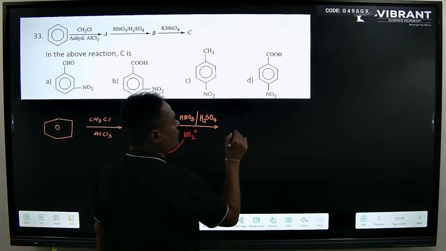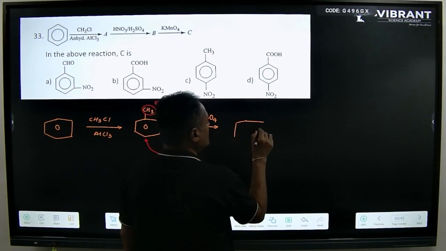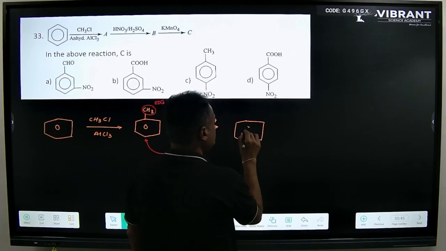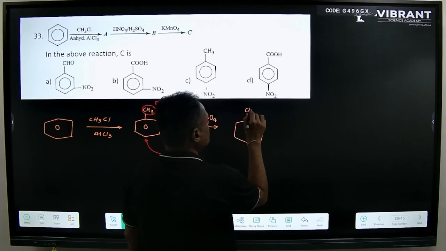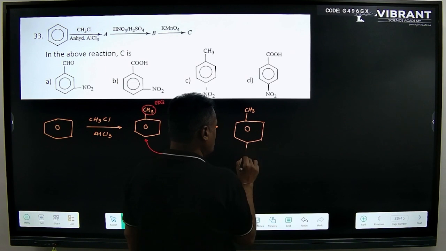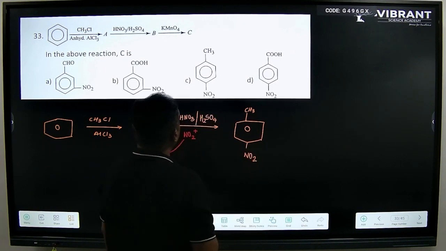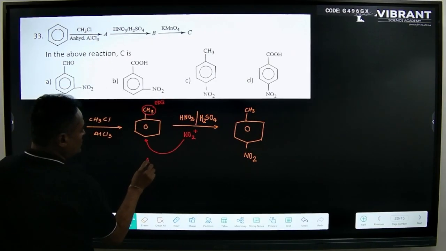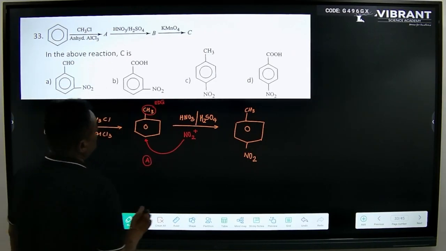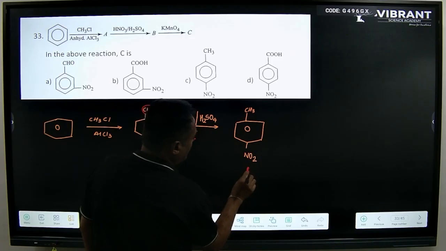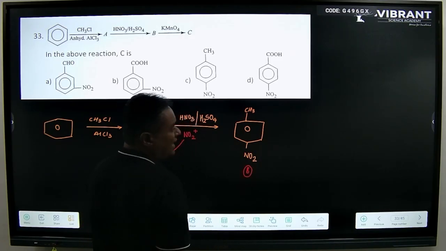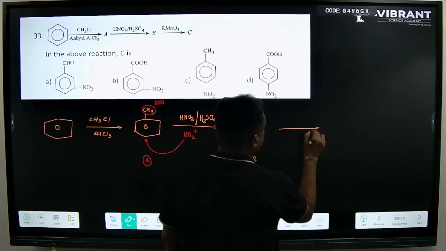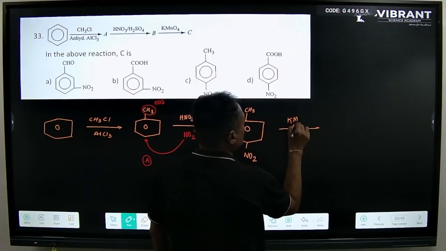So here the product obtained would have a methyl group, and at the para position you will have nitro. So you have got para nitro toluene. As per the situation, your compound A is toluene, your compound B is para nitro toluene, and the last reagent they have given is KMnO4.